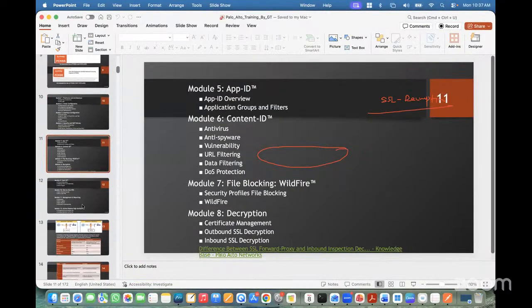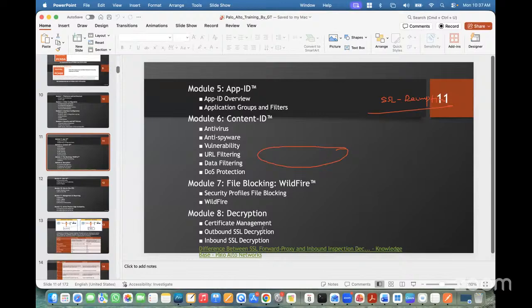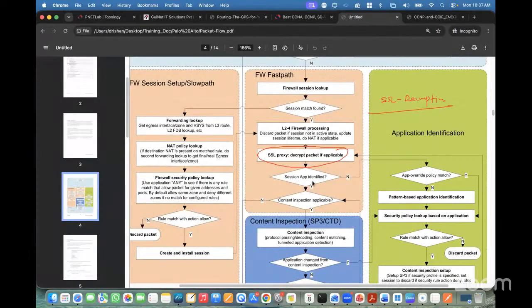See, whatever you're seeing in the packet flow, decryption is there, application identification is there, content identification is there. So in the packet flow you're going to get application checks, content checks, and the SSL decryption. And these are dedicated topics available in our course.